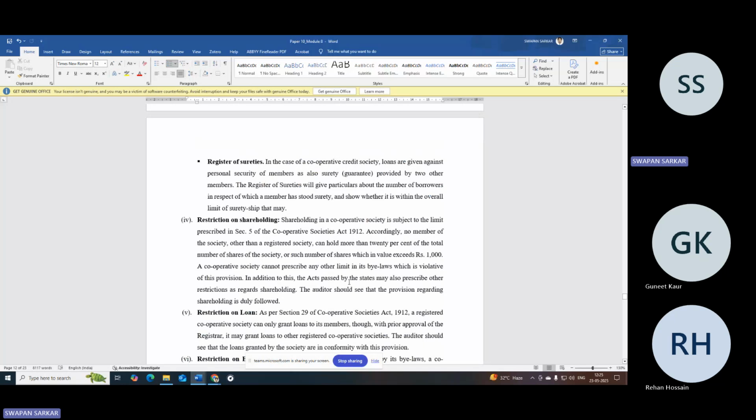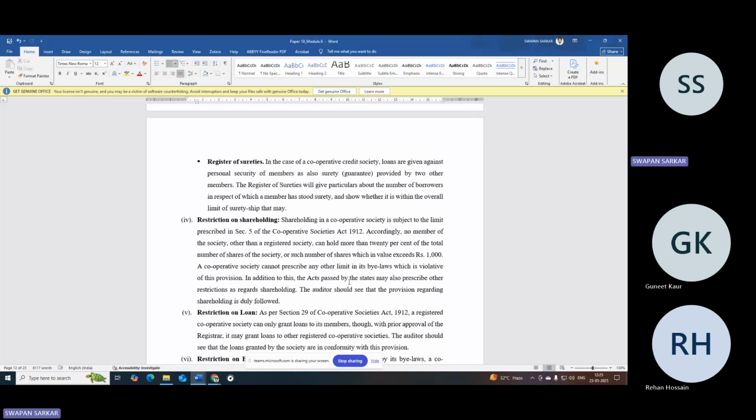Shareholding in a cooperative society is subject to the limit prescribed in Section 5 of the Cooperative Societies Act 1912. Accordingly, no member of the society, other than a registered society, can hold more than 20% of the total number of shares of the society or such number of shares which in value exceeds 1000.